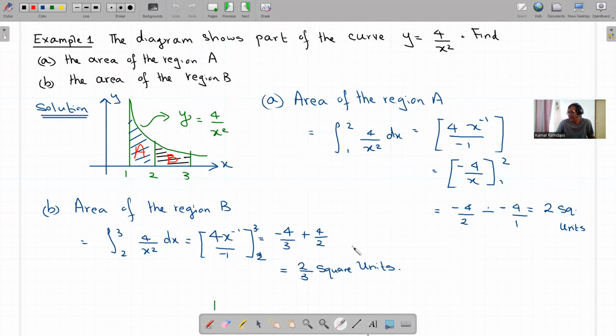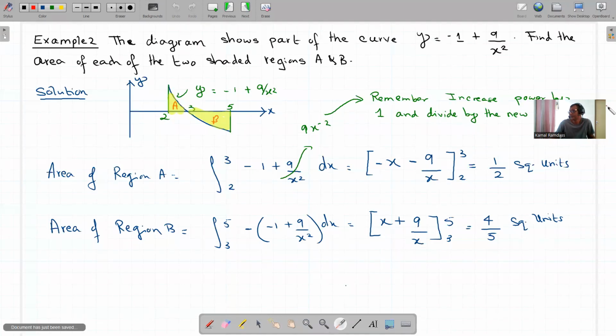Minus of minus 4 becomes plus, so we have minus 4 over 3 plus 4 divided by 2. That gives minus 4 over 3 plus 2, which is minus 4 over 3 plus 6 over 3, which is 2 over 3 square units. OK.